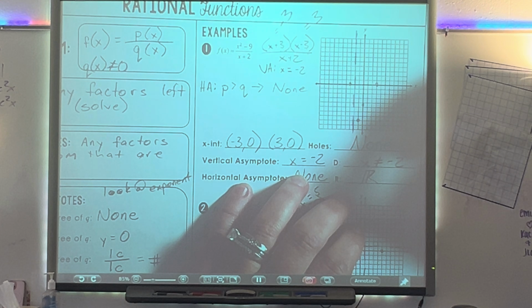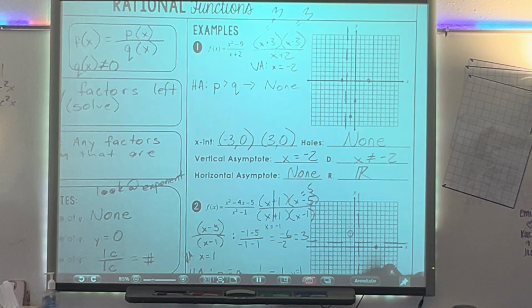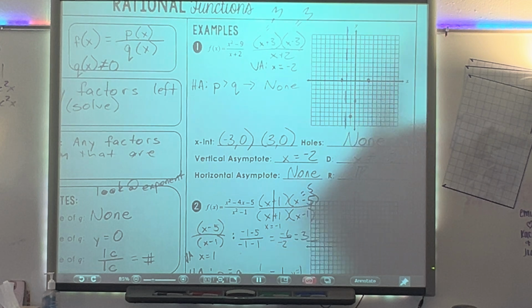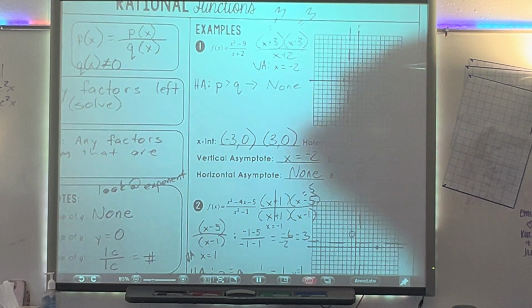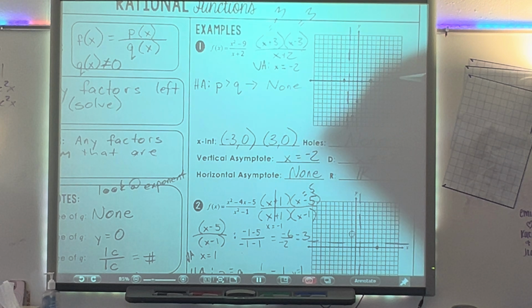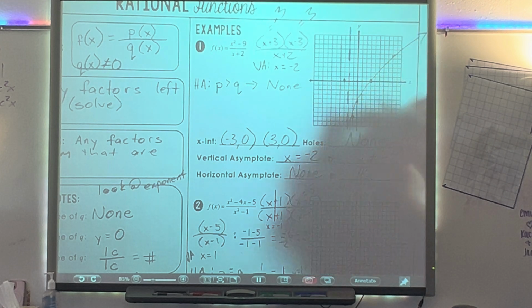I need something out here, because I need to see where this graph goes. 11/2, okay, that's 5 and a half at 8. You gotta get something out there so you can see where this is going. Alright, so it does this, that helps me out.